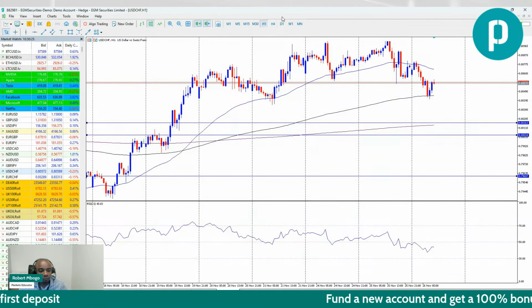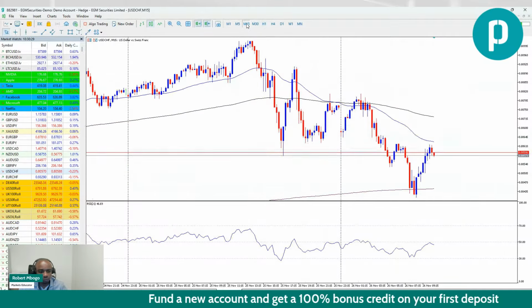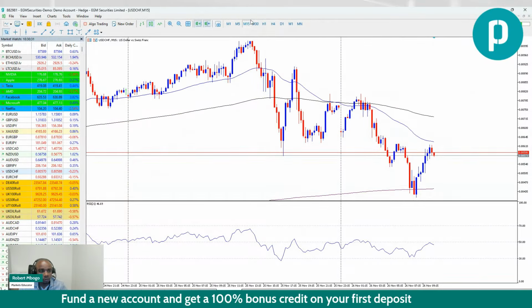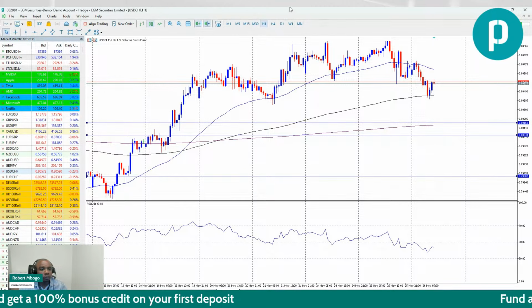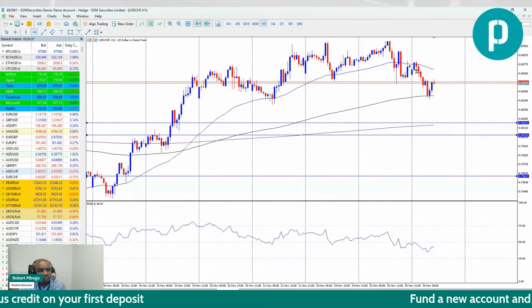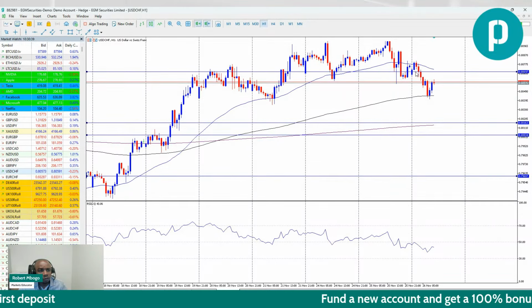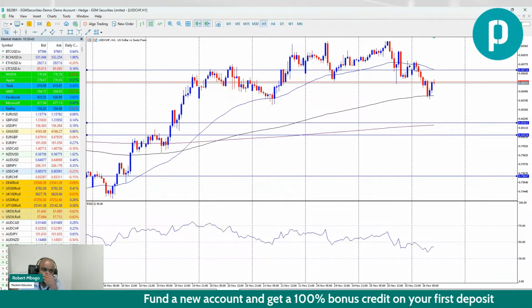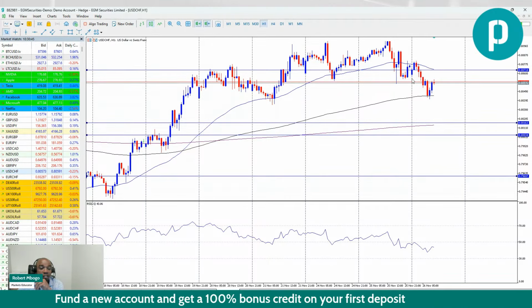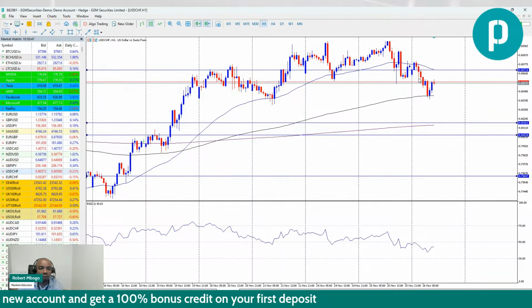So right now, I would probably want to see a bit of a bullish move before taking on a sell. Maybe a test of this bearish order block, which is the last bullish candle before the move down that broke structure. So this structure, this lower low was broken by these candles, right?